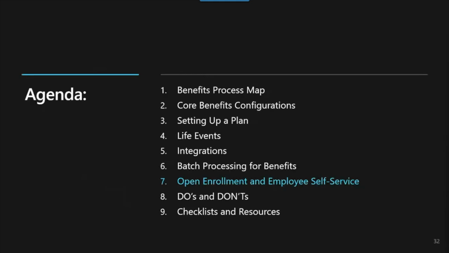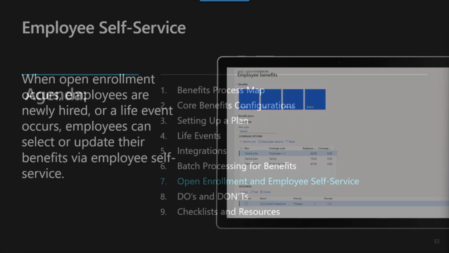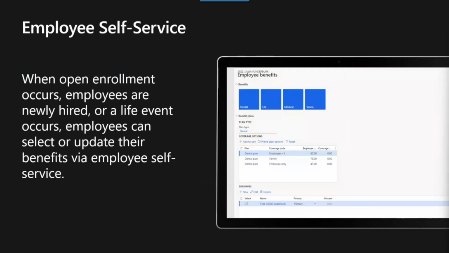All right, now let's switch gears and talk about open enrollment in the employee self-service workspace. Here you can see a sample of the employee open enrollment page in the employee self-service workspace. Employees can select plans via employee self-service if they want to.